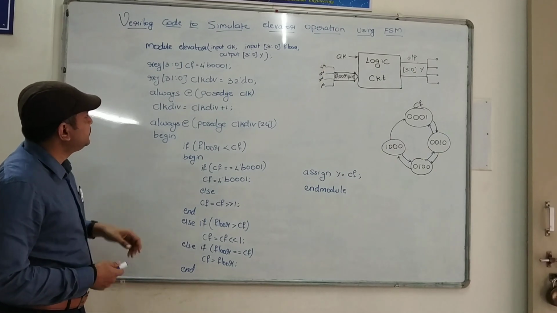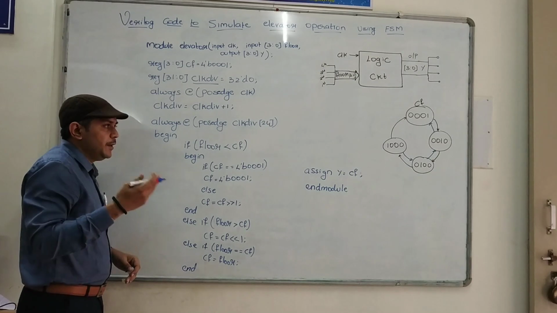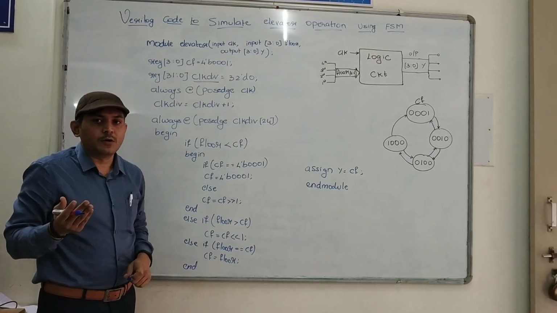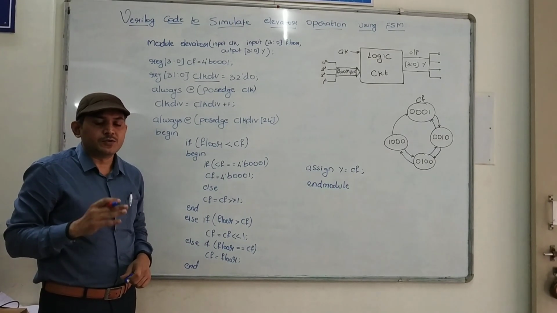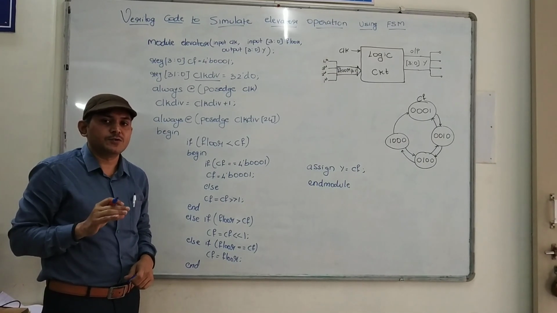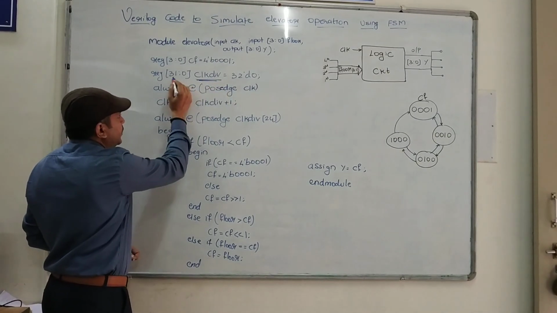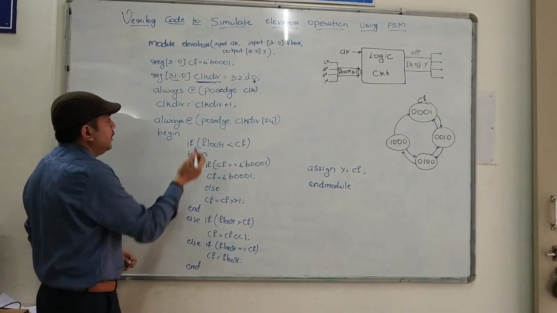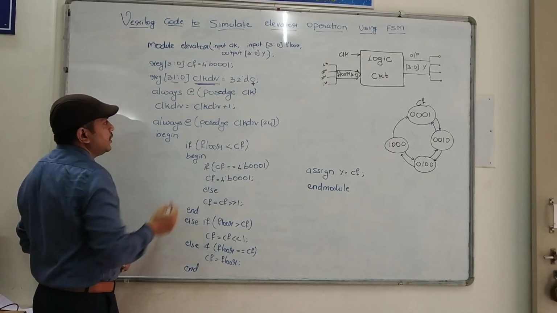Next, one more variable I have used, clock_div, to reduce the clock frequency to a lower frequency, because the clock frequency coming out of the kit is very high. To see the proper output, we have to reduce the clock frequency. For that I have used this clock_div of 32 bits, initialized to 32'd0, and always at the positive edge of the clock I am counting with clock_div.